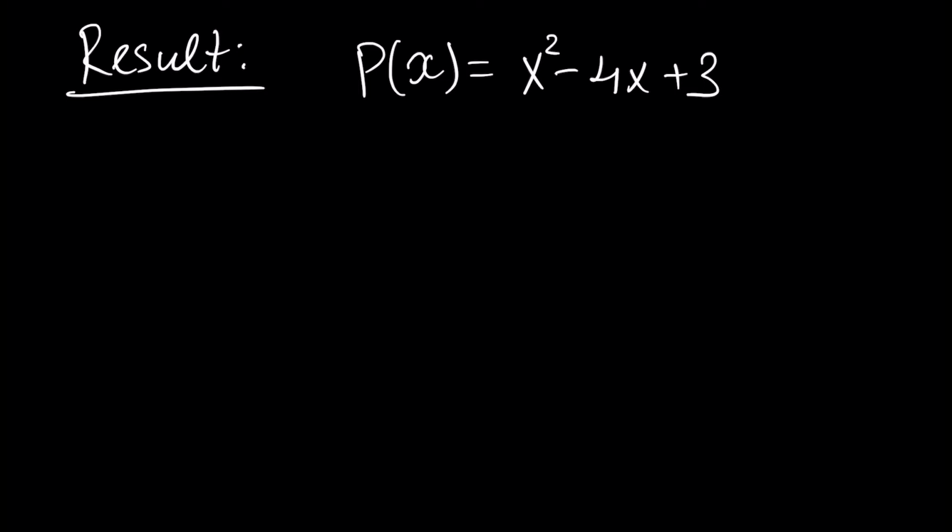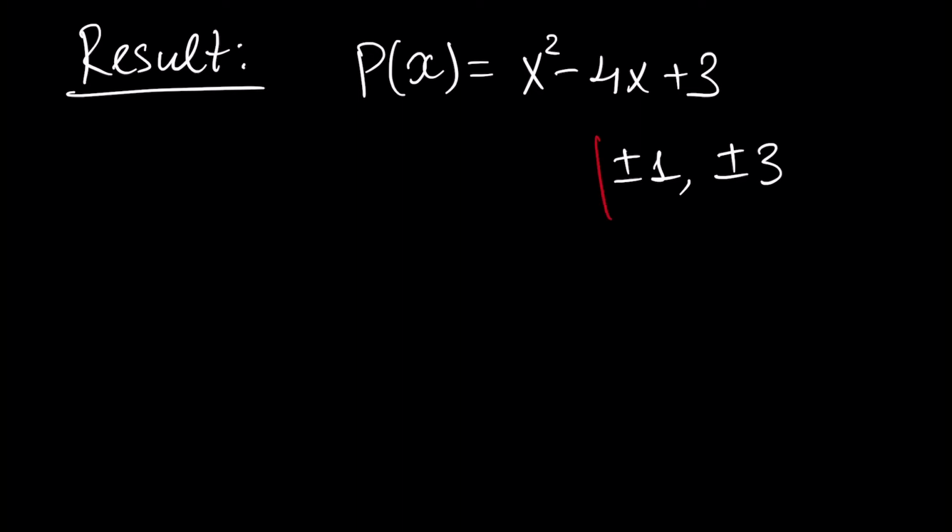That's why if we have integer root of our polynomial, these roots can be plus or minus 1, because plus and minus 1 divide our number 3. And it can be plus or minus 3.